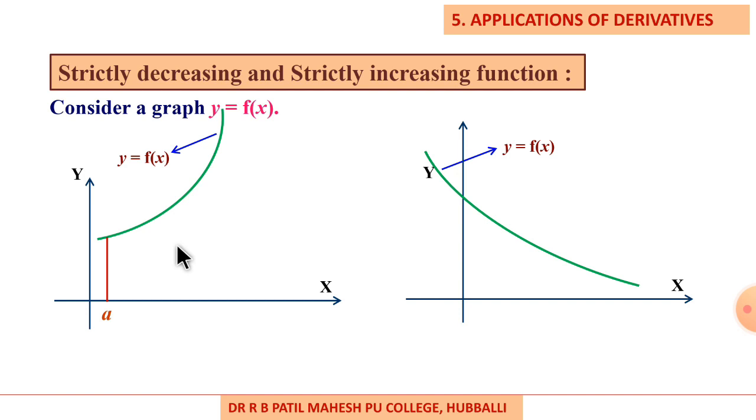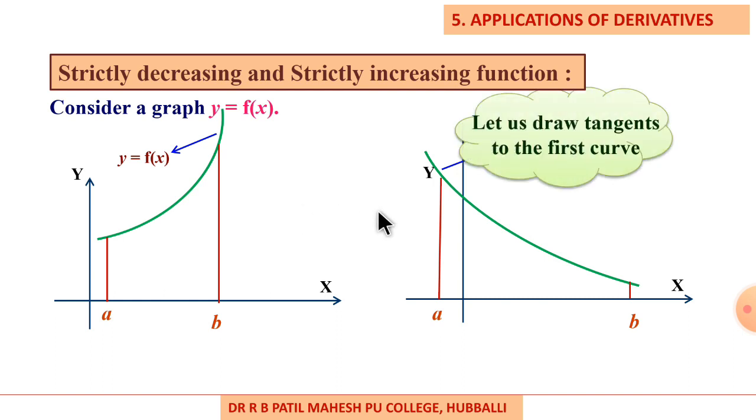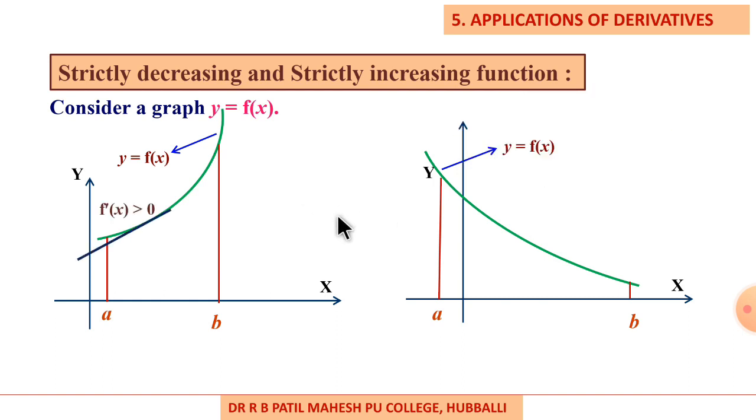Now here you can take two points on the x-axis, point A and point B. In this graph, the function is continuously increasing. Similarly, in the second graph also, take point A and B. Now next you can draw the tangents.